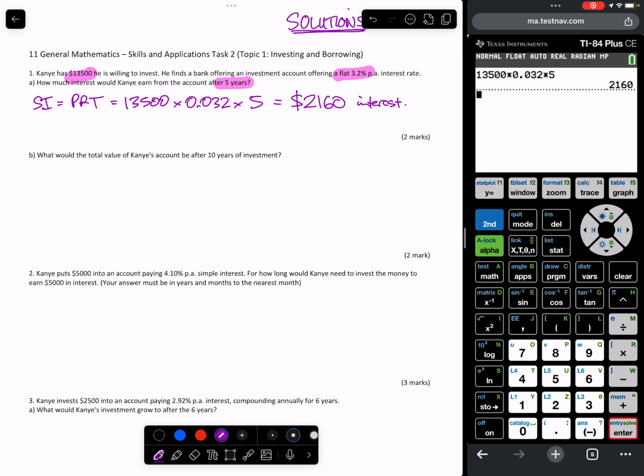What will the total value of Kanye's account be after 10 years of investment? So we started off with 5 years. Now we're leaving it for 10 years. SI equals 13,500 times 0.032 times 10 this time.